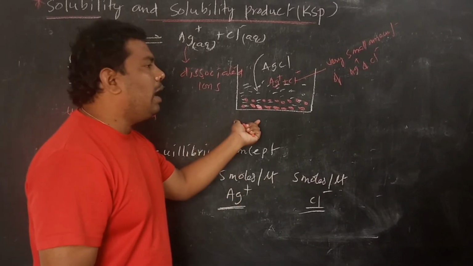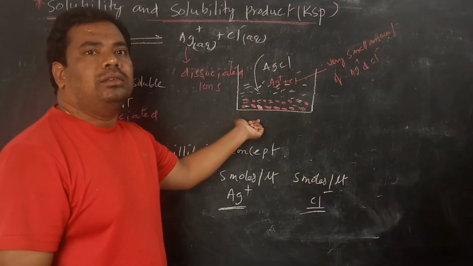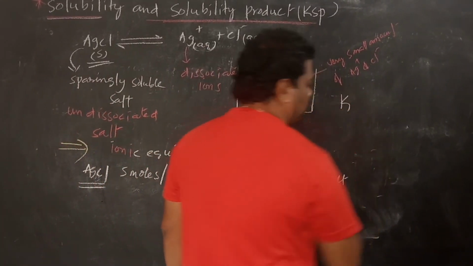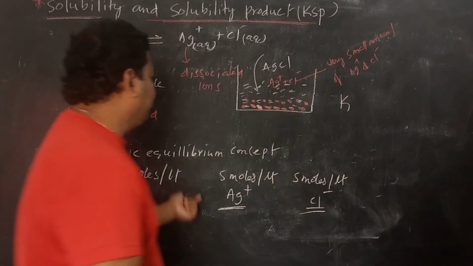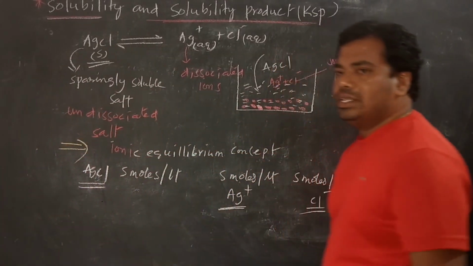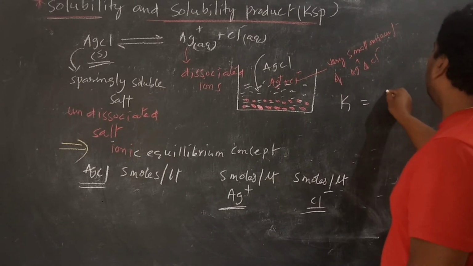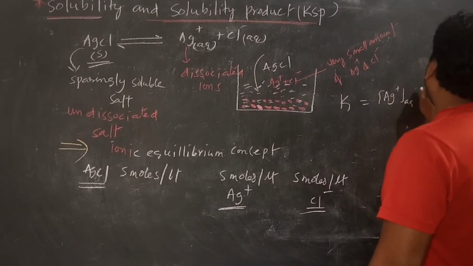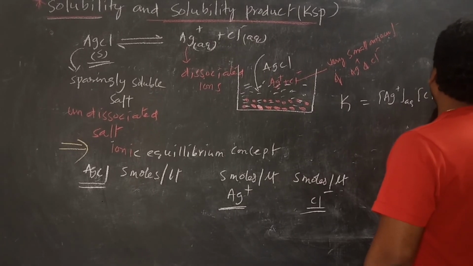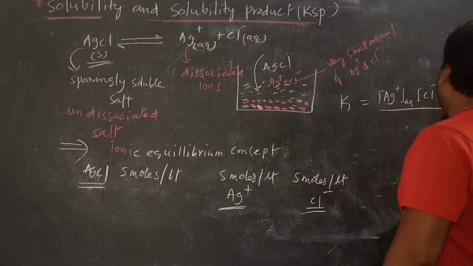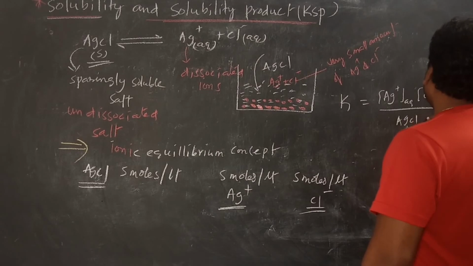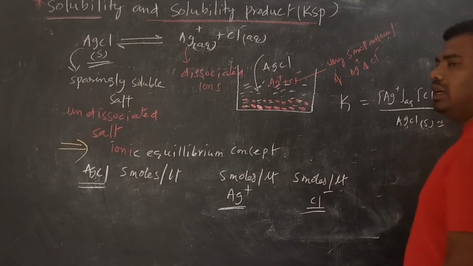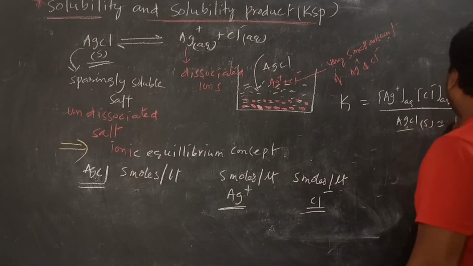So we will apply the equilibrium constant, that is, K is equal to Ag plus aqueous into Cl minus aqueous divided by AgCl salt. Commonly we consider the concentration of the solid as 1.